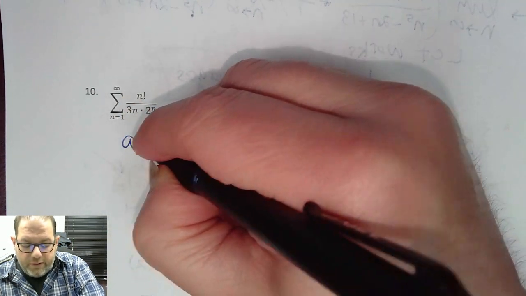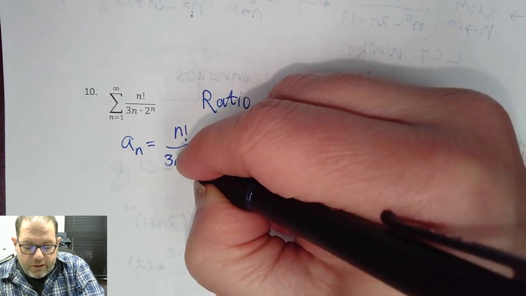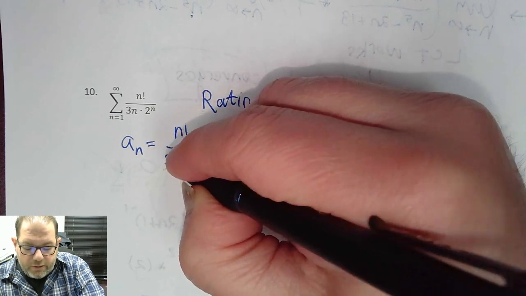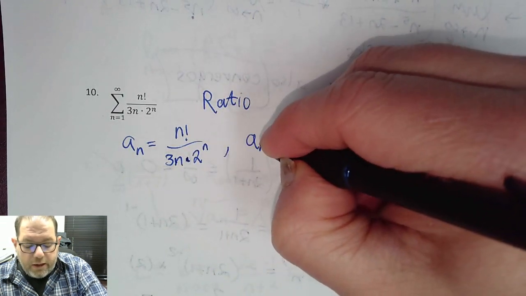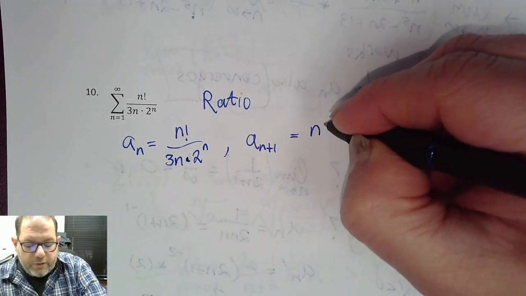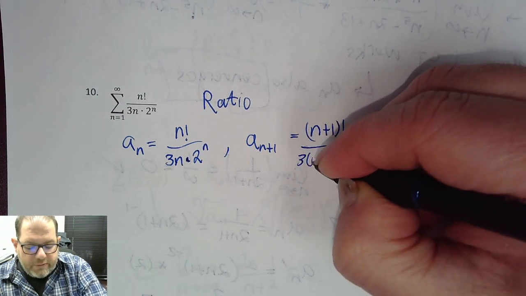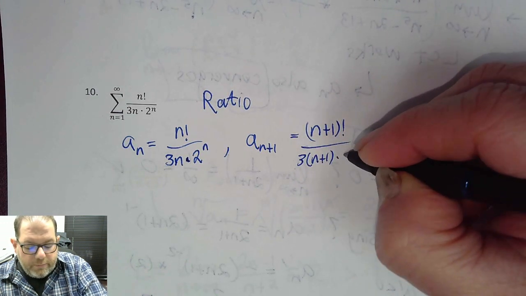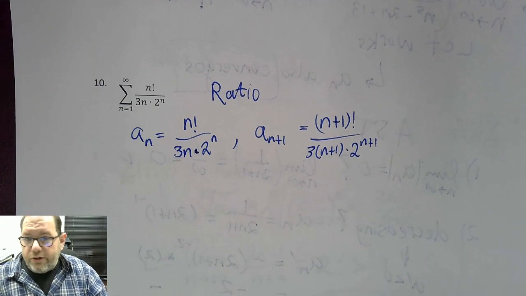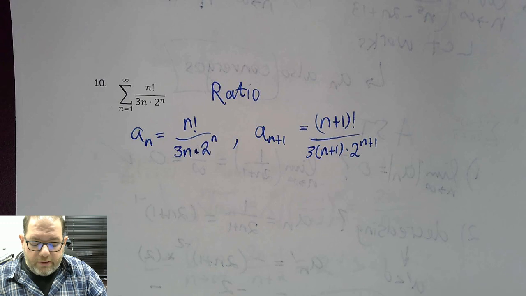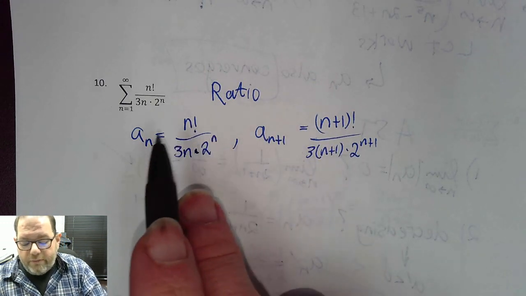So a sub n is n factorial over 3n times 2 to the n, and a sub n plus 1 will be n plus 1 factorial over 3 times n plus 1 times 2 to the n plus 1. In our ratio test, we want to take the limit as n goes to infinity of a sub n plus 1 divided by a sub n.